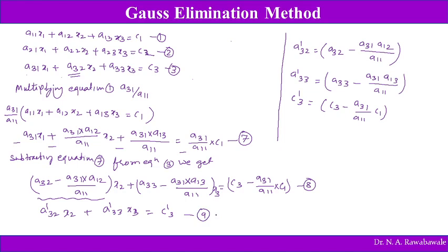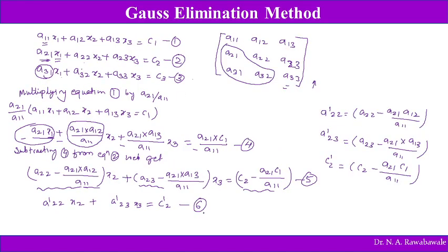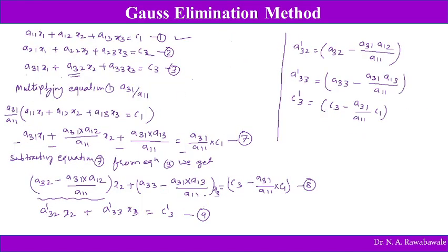So again we write equation number 1, equation number 6 which we have obtained, and equation number 9. So we write first equation a11 x1 plus a12 x2 plus a13 x3, which is equal to c1. This is equation number 1.